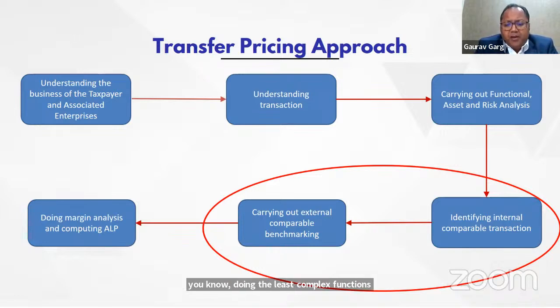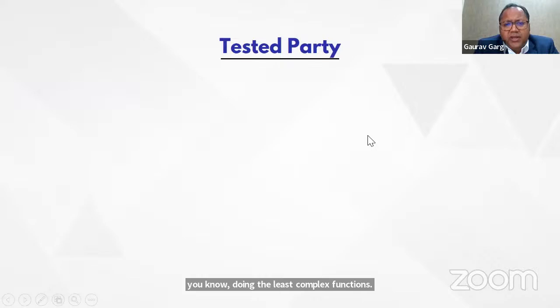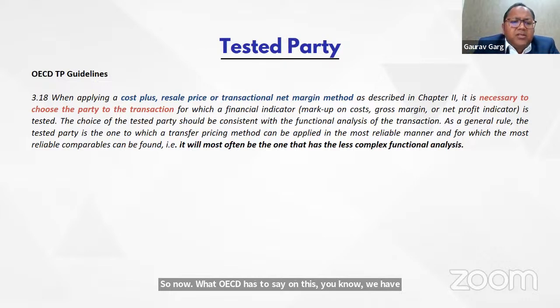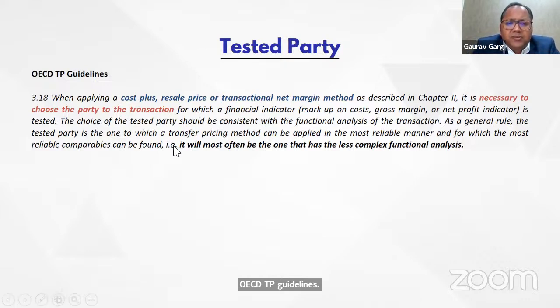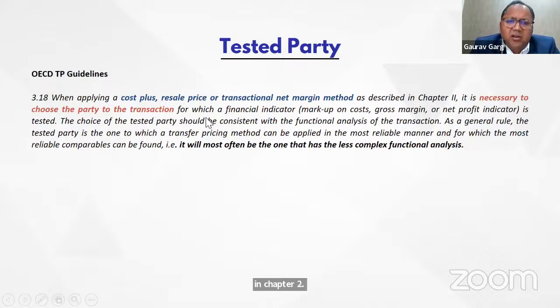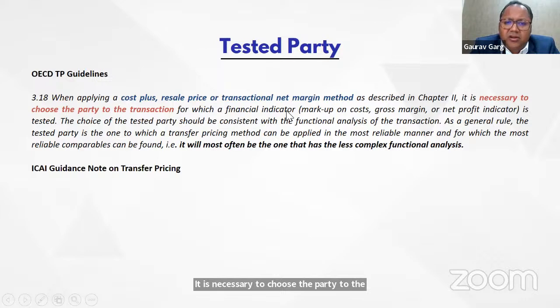So now, what does the OECD have to say on this? We have the OECD TP Guidelines, para 3.18. It says when applying a cost plus, resale, or transactional net margin method, as described in chapter 2, it is necessary to choose the party to the transaction for which a financial indicator, that is markup on cost, gross margin, or net profit indicator, is tested.